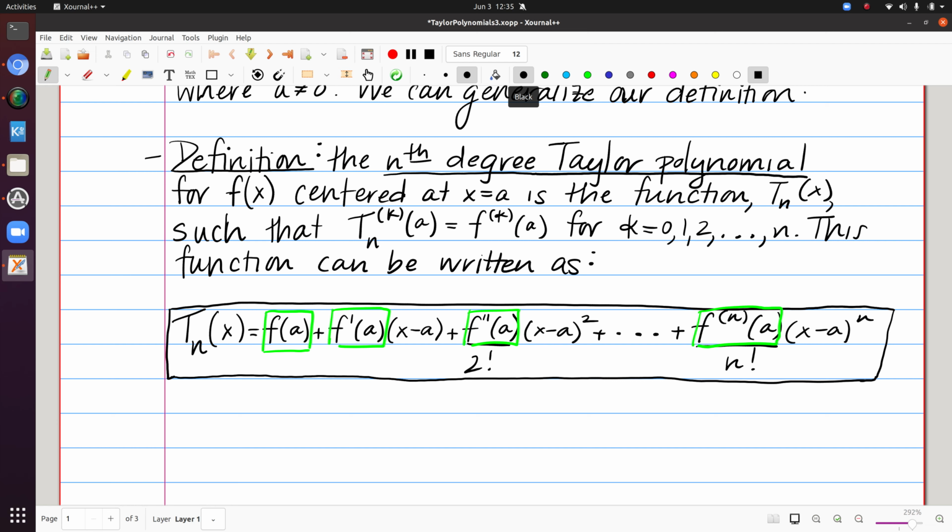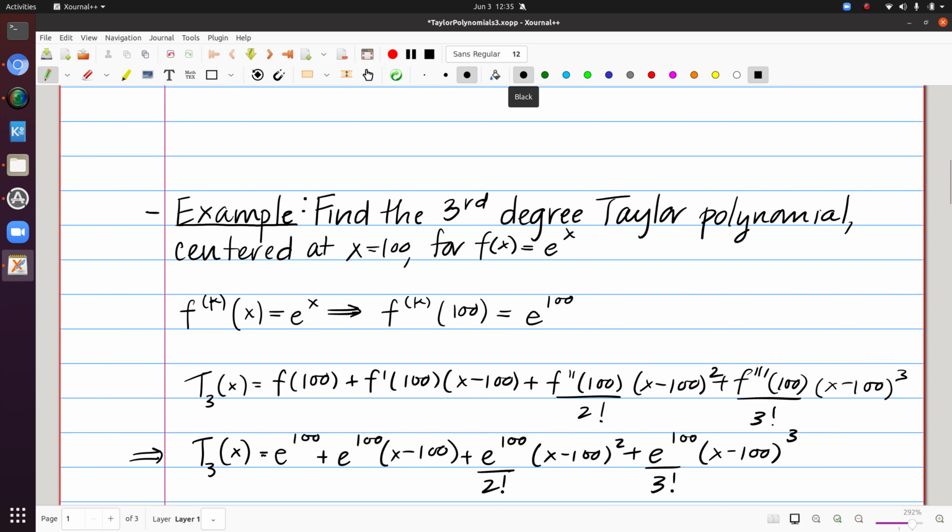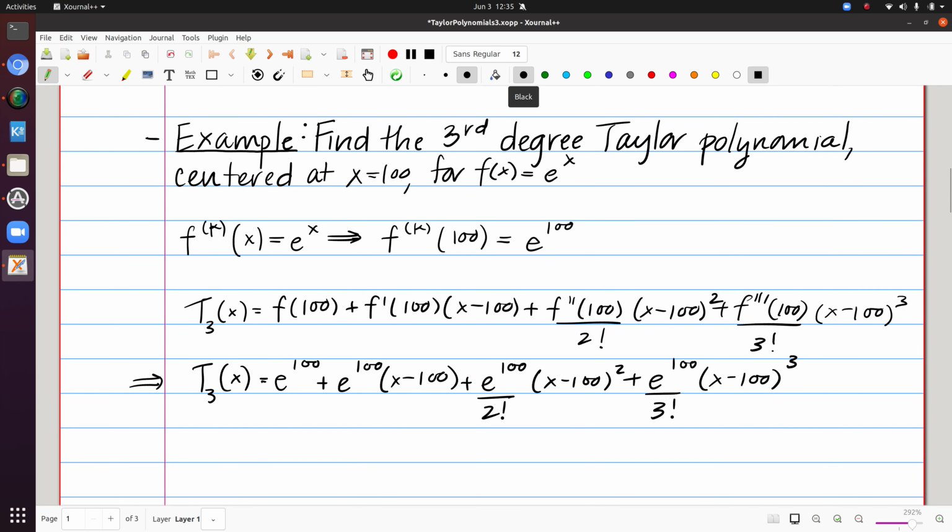So we're thinking of a shifted version, but also updating it so that we take into account the behavior of the function at our point of interest. And so this is our concrete example of seeing that not only did we get e to the 100 instead of 1 when we did the center at 0, but we had to change those factors to include the x minus 100s instead of just x's.